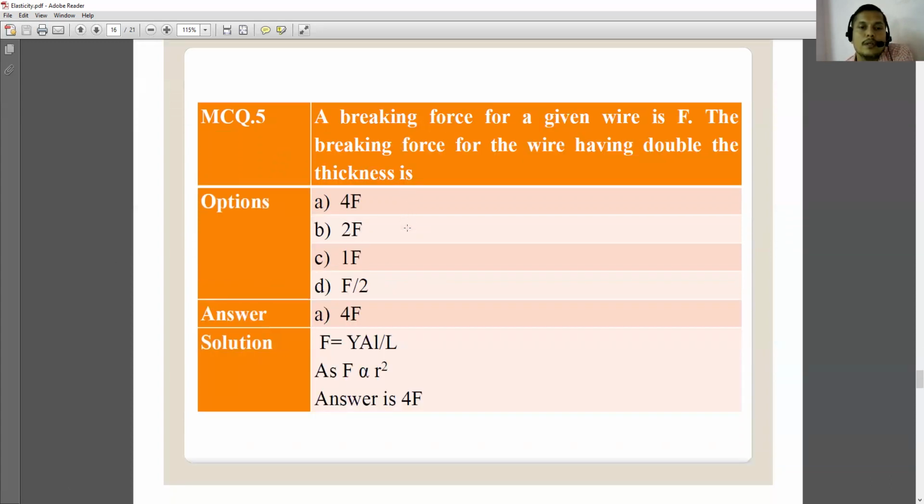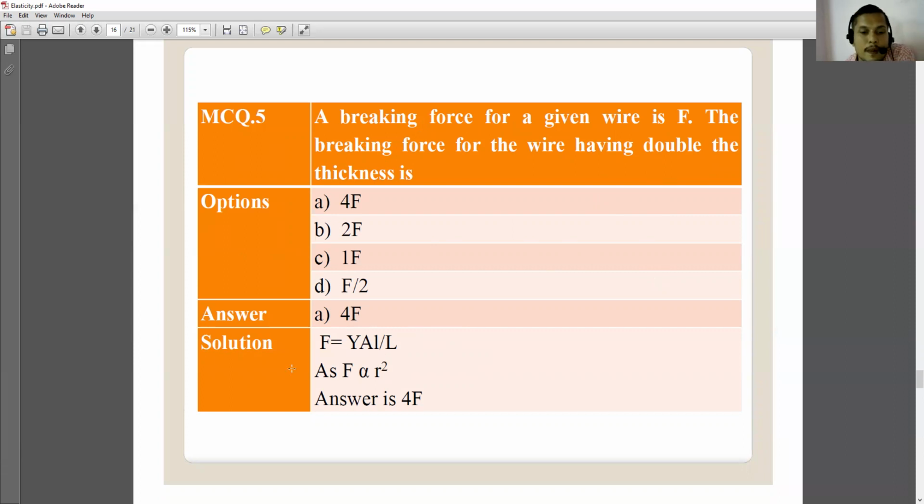Let us go to the next. A braking force for a given wire is capital F. The braking force for the wire having double the thickness is. So here we are considering double the thickness. So a braking force for a given wire is F. Capital F is YAL upon L. We know how we can get this equation.